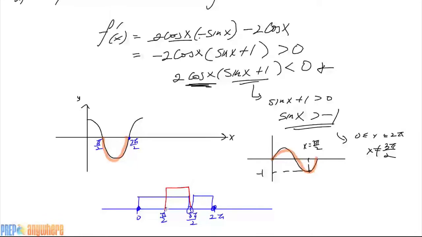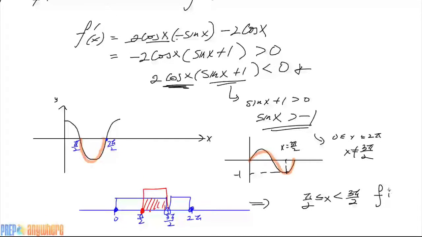Only pi over 2, including pi over 2. Okay, but not including 3 pi over 2, right? So what that means is that when x is between pi over 2 and 3 pi over 2, the function is increasing. That's what it means.